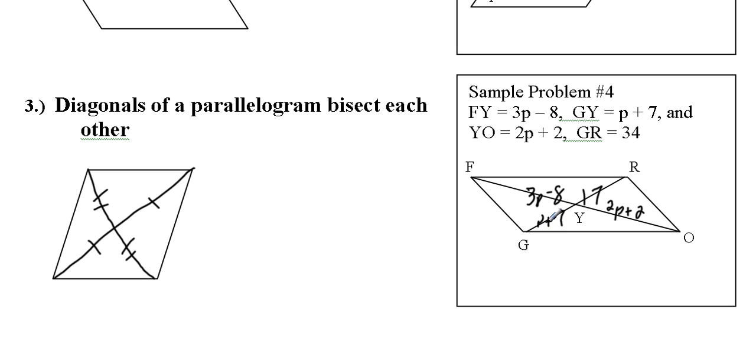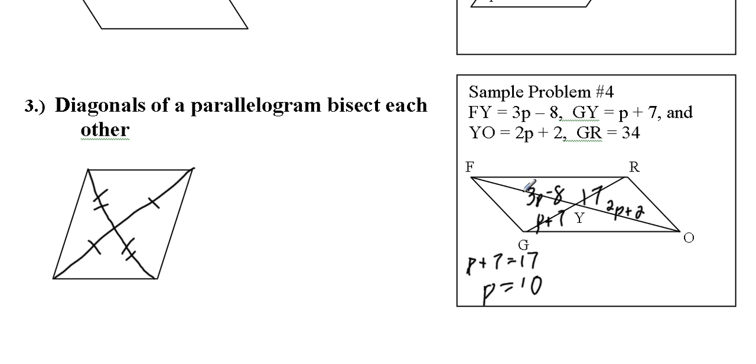Now we have a couple options here. We have p plus 7 is equal to 17, or we could say 3p minus 8 equals 2p plus 2, because these two things are equal, and these two things are equal. So I'm just going to solve it with the easier of the two, and get p equals 10.